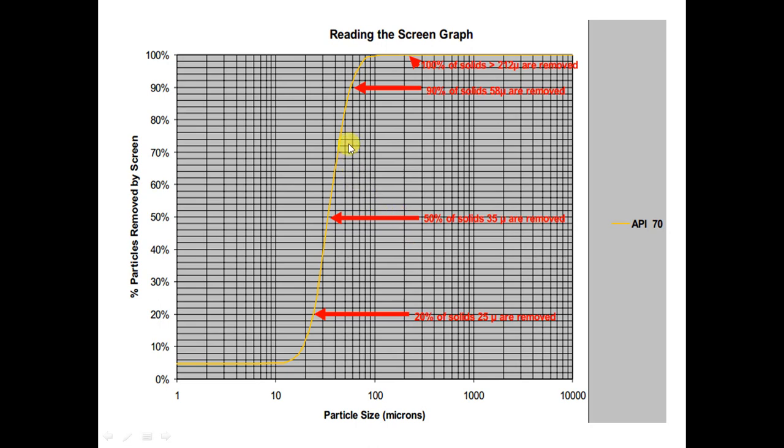If I say the D90 of this screen is 58 microns, this means the API 70 can separate 90% of the size 58 and 10% of it can remain in the mud. When I say D100, all solids of more than 212 microns are removed. So it is very important to know the meaning of the D cut point, or D50, or whatever the percent is.